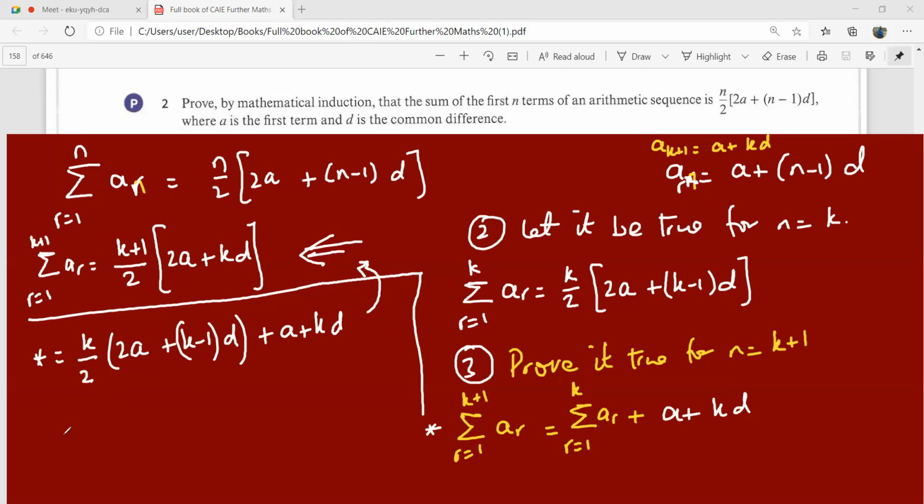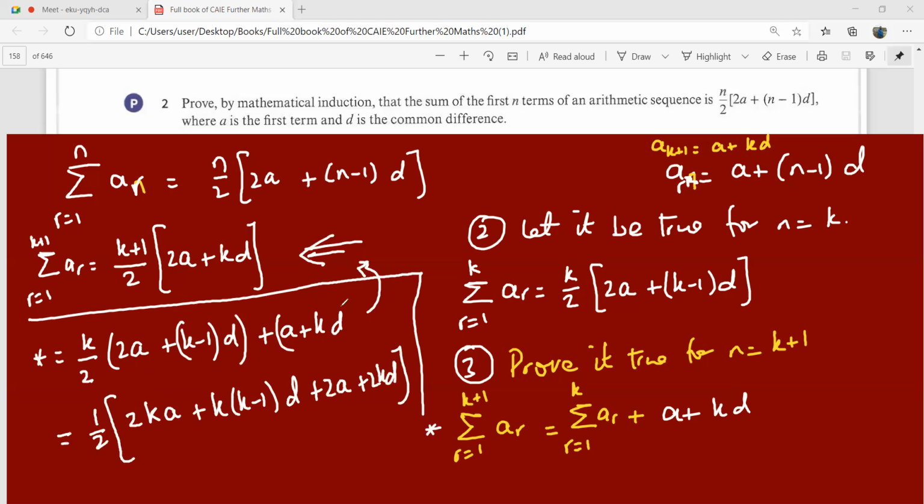Now, can I write it like this? Let me take the LCM here, or maybe I can write it as half into 2ka, and this one is going to be plus k into (k minus 1) into d plus 2a plus 2kd.